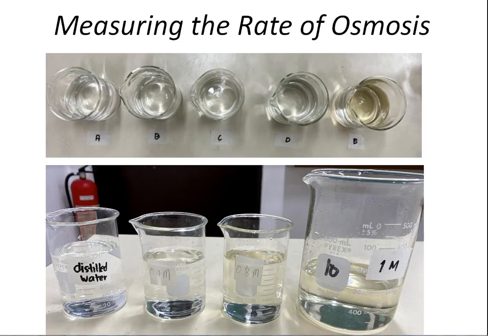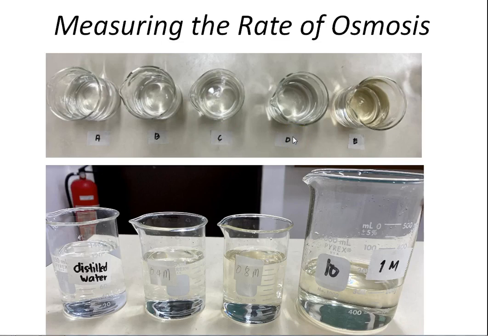Now, we will need 5 pieces of this cellulose sac, but before that, we also need to prepare beakers. In these beakers, for beakers 1 to 4, which are labeled here as A, B, C, and D, we place distilled water.